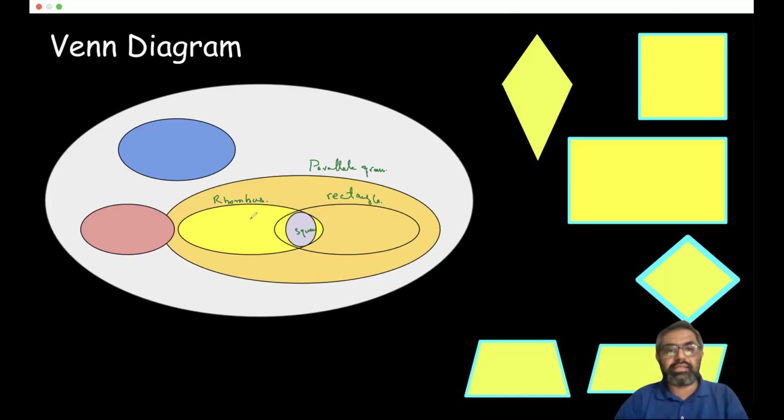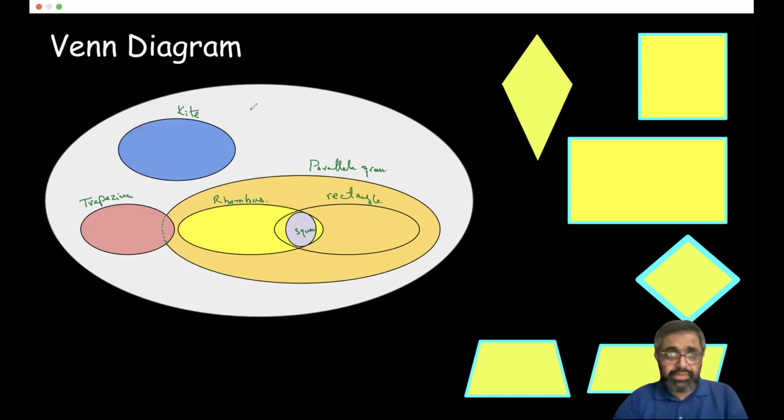So a square lies in a rhombus and in a rectangle. Over here, we have trapezium. Some trapeziums are a special case in which they become parallelograms. Otherwise, trapezium lies here.